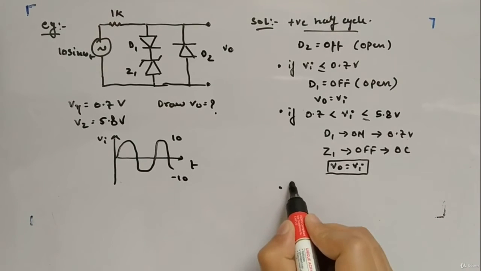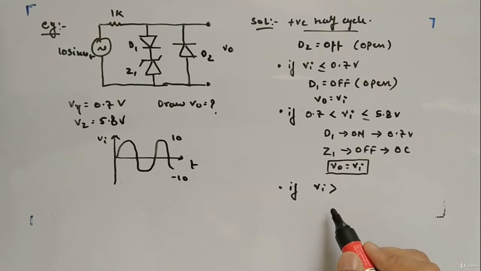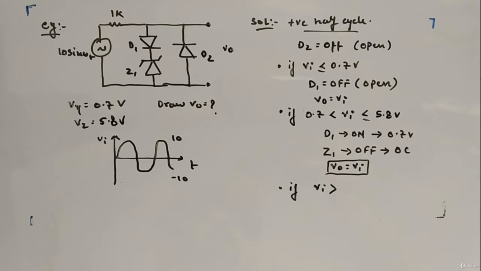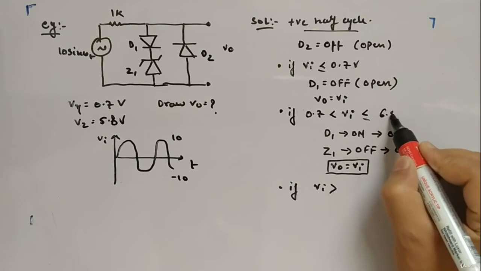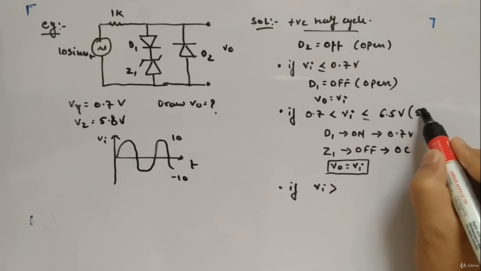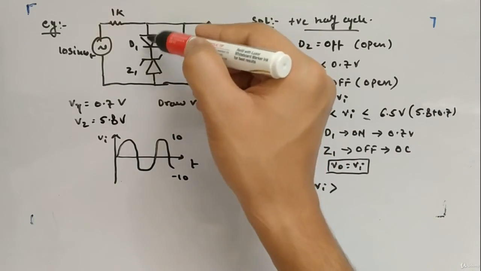Okay, and if Vi is greater than, okay, so I made a mistake here. So this should be 6.5 volt, which is the combination of 5.8 plus 0.7, because there will be a drop here of 0.7.